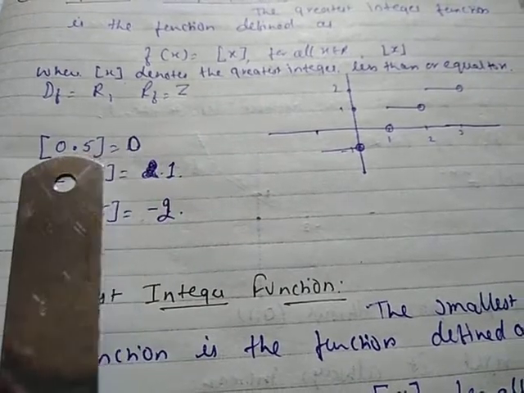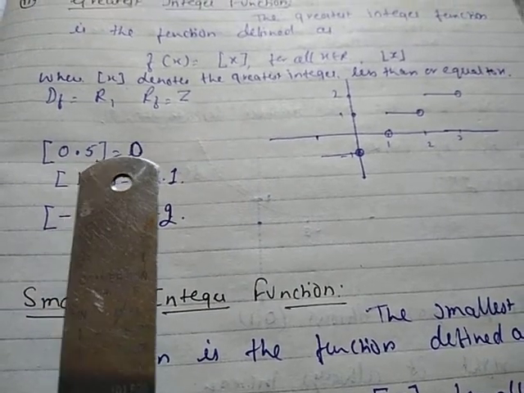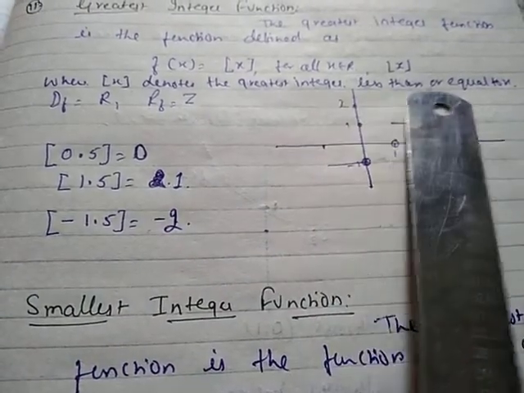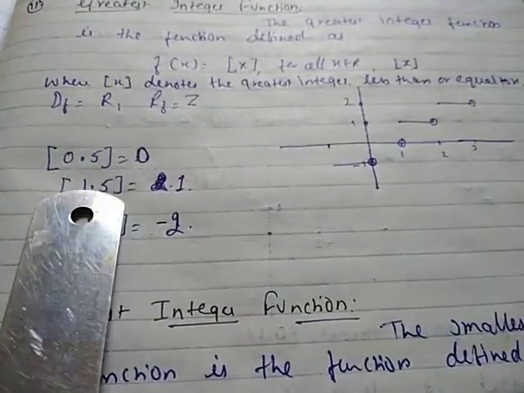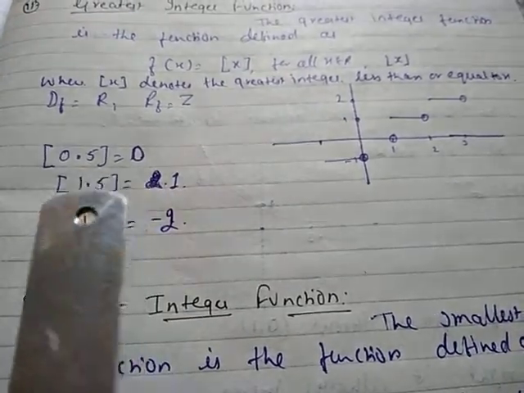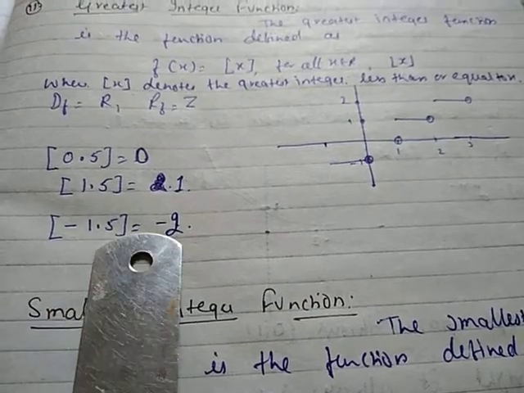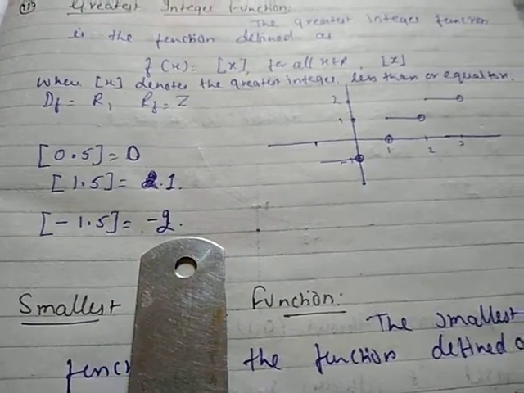For [0.5], it is 0. For [1.5], it is 1, since 1 is less than or equal to 1.5, and the integer is 1. For [-1.5], it is -2.